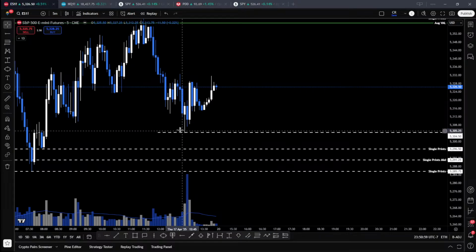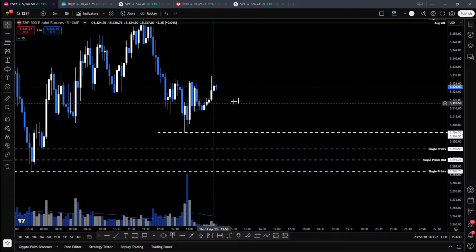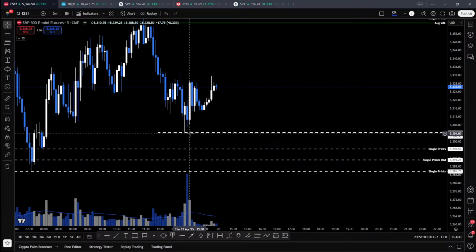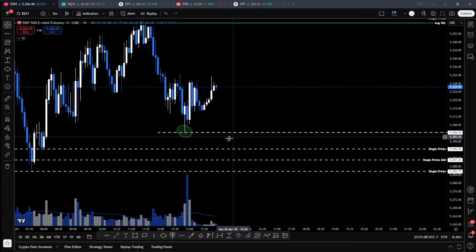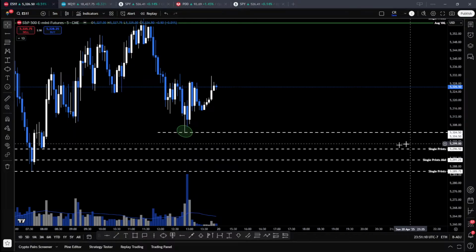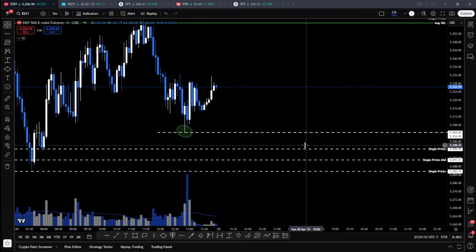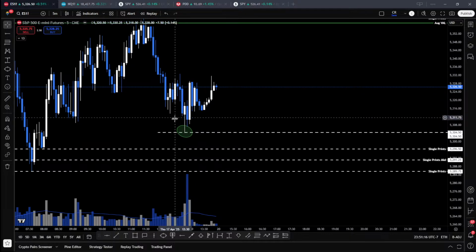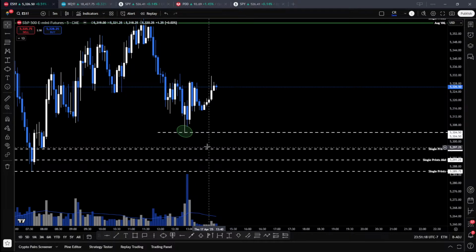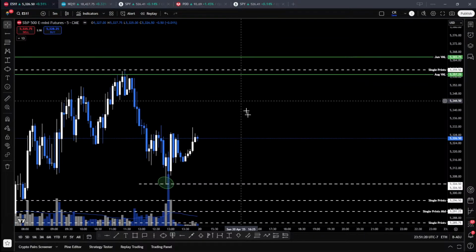If I have some information and I know that I want to be long right here, I can put an order at 53,004, and when price touches that, it will fill me long. And then again, I just put my stop loss here, my take profit here.